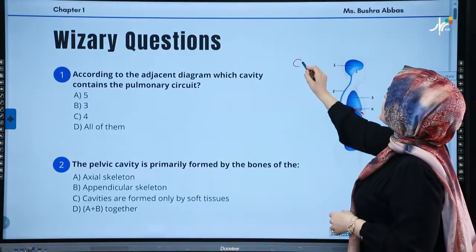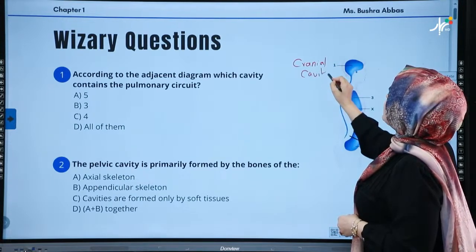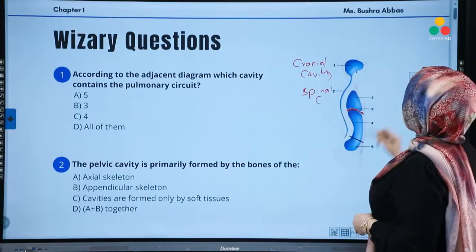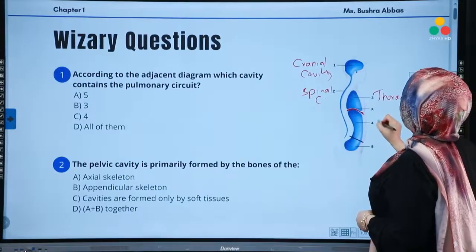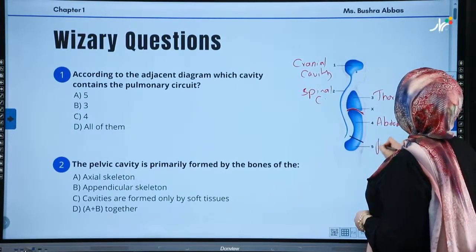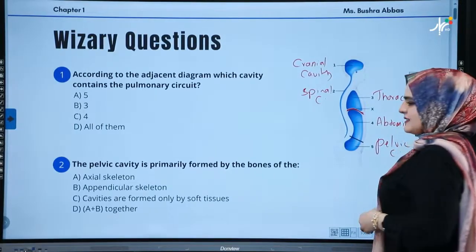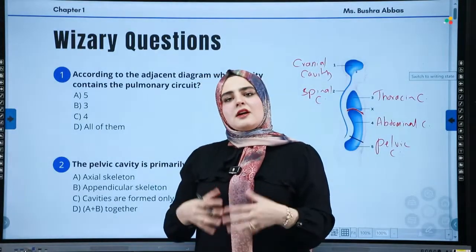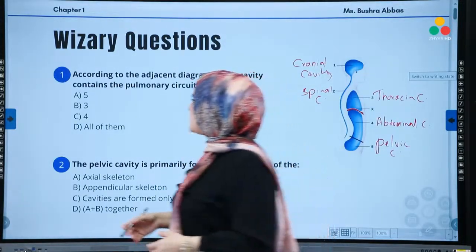The first one is the cranial cavity, the spinal, I'm going to use short for cavity, and thoracic, then abdominal, and pelvic. All of them are cavities. Cavities are spaces encased with bones in order for organs and vital ones to be protected behind them.